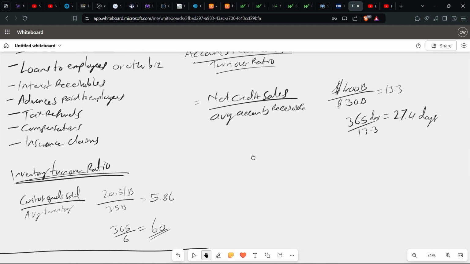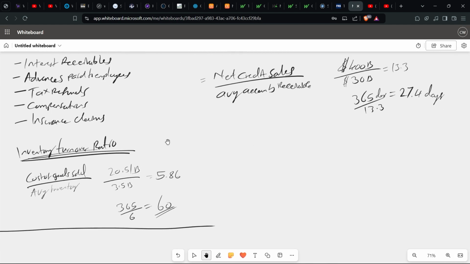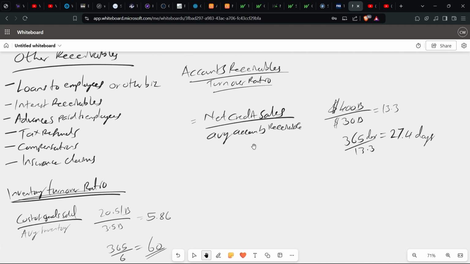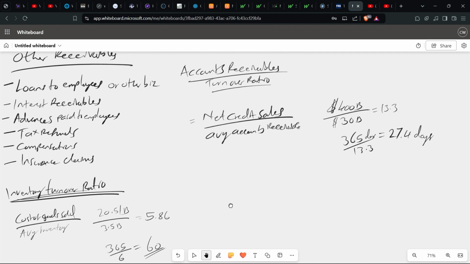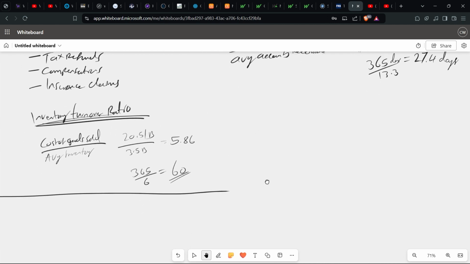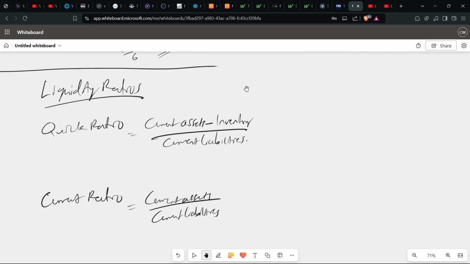I'm sure you remember in the previous video we talked about inventory turnover ratio and accounts receivable turnover ratio, and these are some of the liquidity ratios that determine how liquid a company is. Okay, so let's begin. You have the quick ratio and the current ratio. Let's start with the quick ratio.